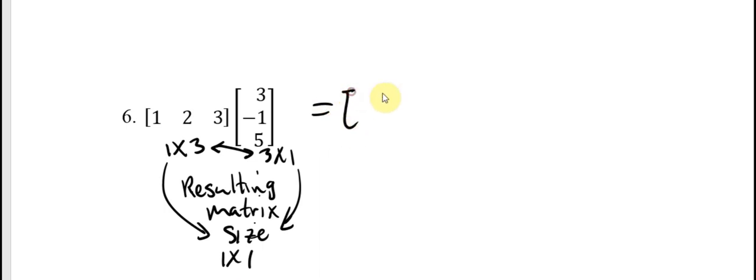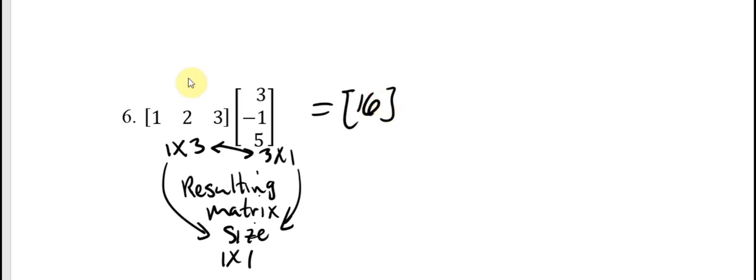This is a matrix with just one term in it. So that's 1 times 3 is 3, plus 2 times negative 1 is negative 2, plus 3 times 5 is 15. So we get 3 minus 2 is 1, plus 15, just 16.